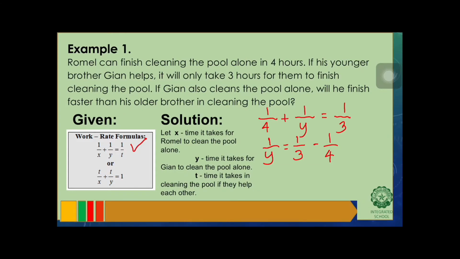And then if you subtract 1/3 by 1/4, you end up having 1 over y is equal to 1 over 12. So for our final answer, you can say Gian alone can clean the pool in 12 hours, which is longer compared to the time it takes for Romel, his older brother, to clean the pool alone, which is only 4 hours.